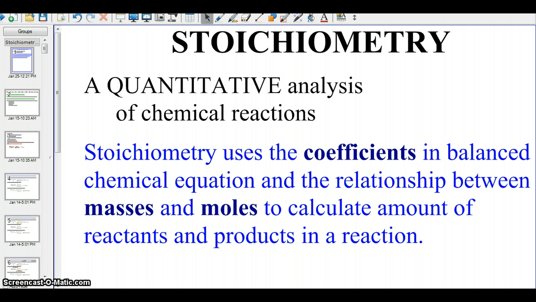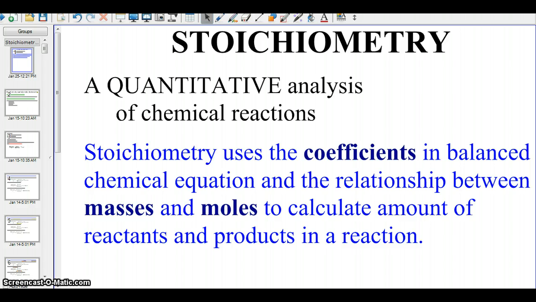But in any event, stoichiometry does look at the numerical analysis of chemical reactions, trying to determine ahead of time how much starting material do we need, how do we mix them in what proportion in order to get the desired product.